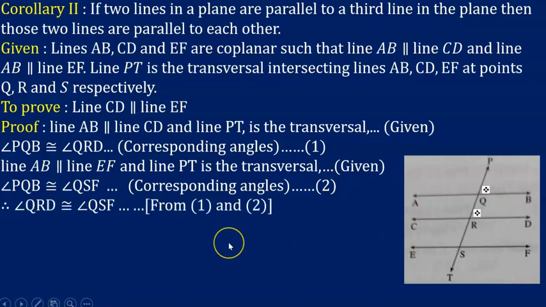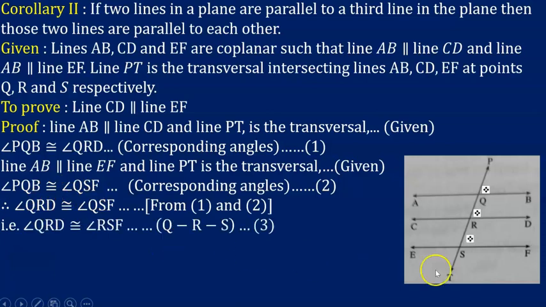And therefore, from 1 and 2, PQB is congruent to QRD, and PQB is again congruent to QSF. It means that angle QRD is congruent to angle QSF. Now see this here. These two angles are congruent.